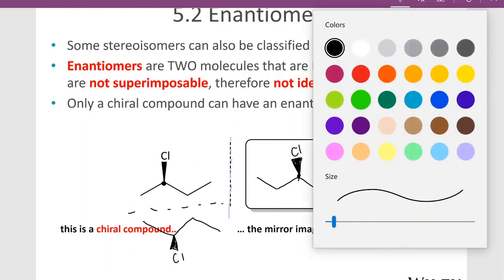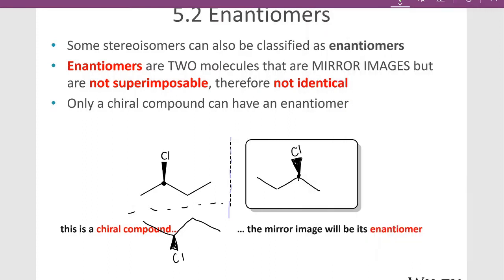So I'm going to draw that one, and right behind it we put the molecule, okay. So the main structure, or the line angle formula, would stay in the plane of the board, but instead of coming out, our chlorine would be going back. So if our mirror was in the plane of the board, we could simply swap that chlorine from a wedge to a dash and have the enantiomer.